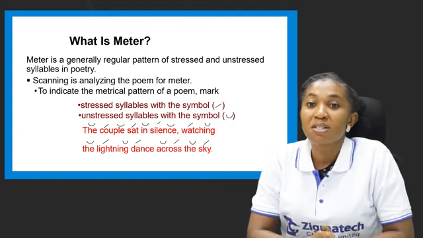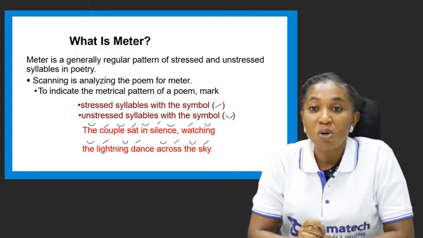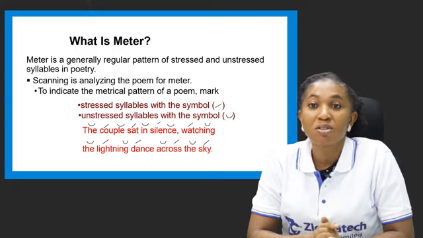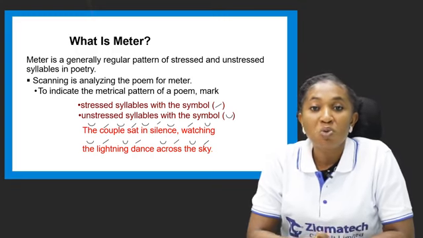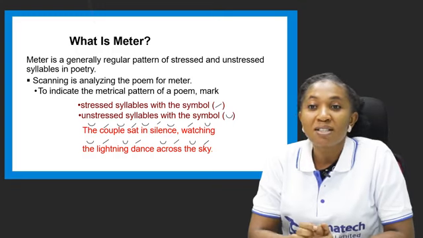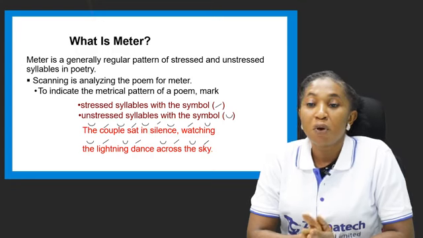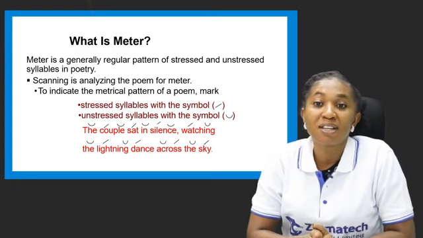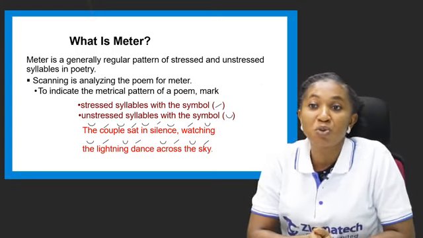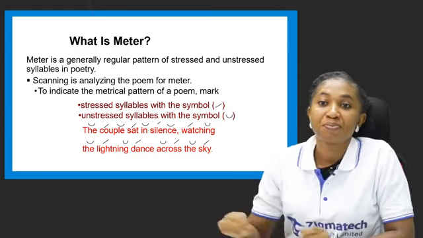Now, for the sake of this class lesson, we are going to look at some keywords: stressed syllables and unstressed syllables. What do we mean by these? Going forward, to indicate stressed syllables, we are going to use the forward stroke, and to indicate unstressed syllables, we are going to use the upward curve. So take note.